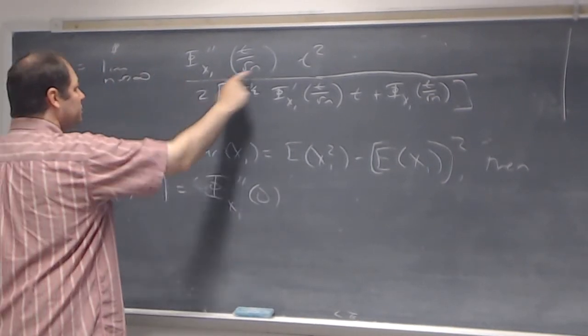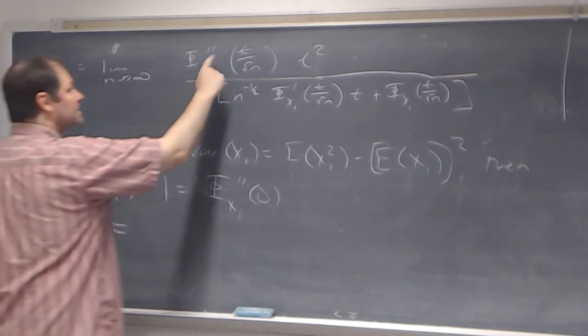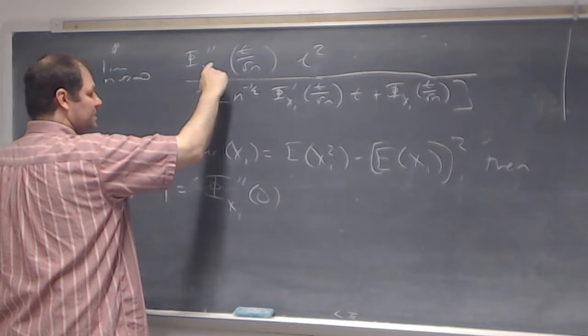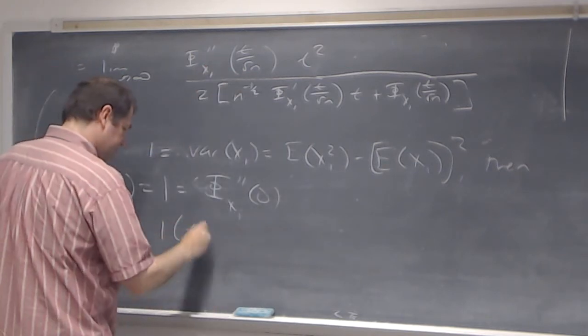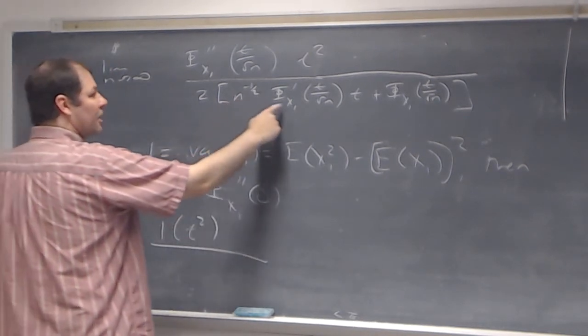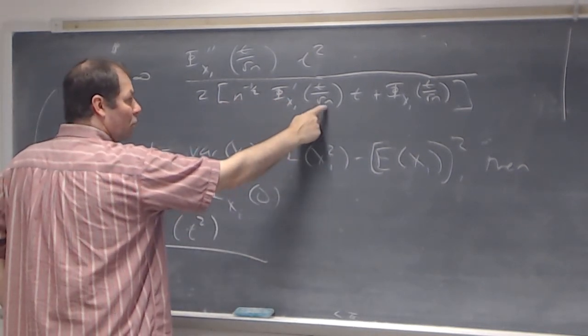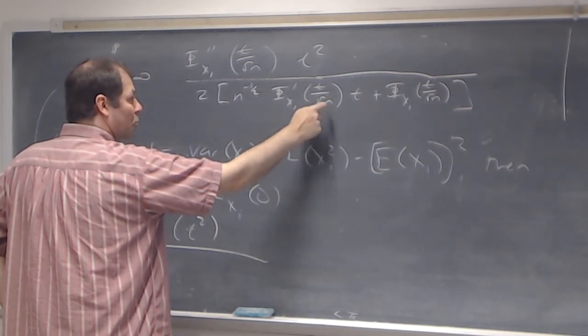And so as n goes to infinity, this goes to 0. This is the expected value of x squared. So that's 1 times t squared. And in the bottom, this guy's going towards 0. This is going towards 0. Phi prime of 0 is the expected value of x sub 1, which would be 0.